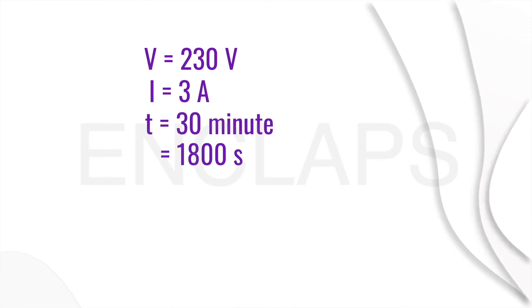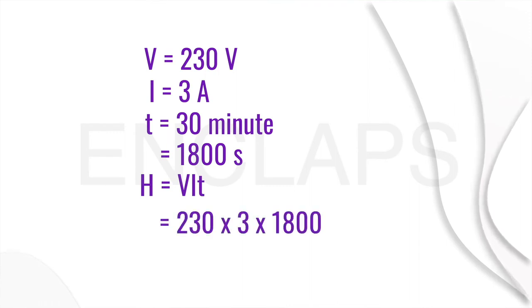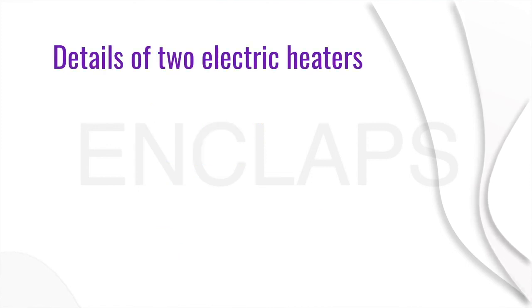Here we know the value of V, I and T. So, the formula of heat which we have to use is H is equal to VIT, that is equal to 230 into 3 into 1800 equal to 12,42,000 joule.